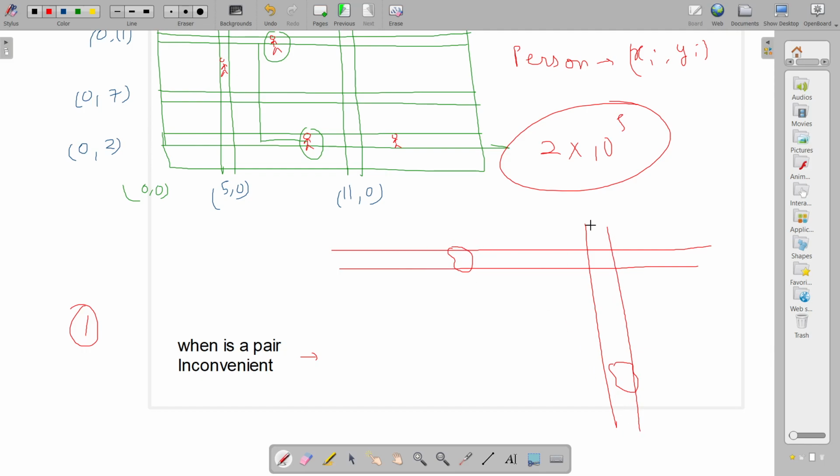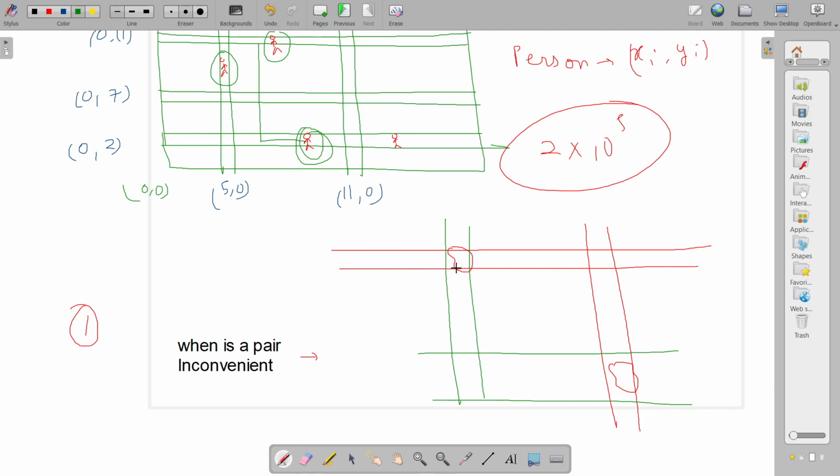Or vice versa, this one is in a vertical street and this guy is in a horizontal street. Like let's say these two people. So this one is in a vertical, this one is in a horizontal.